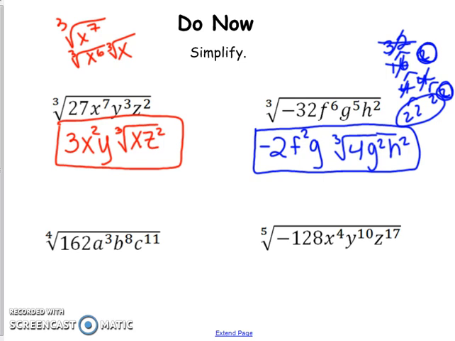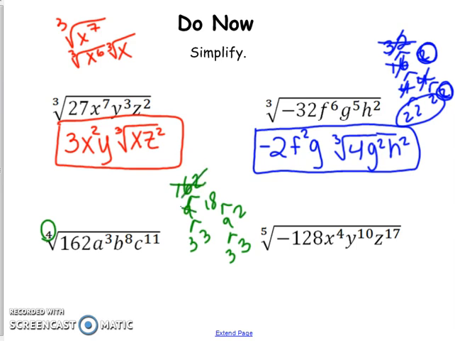Okay, so 162, we're going to do the same thing. So 162, I'm going to break down. So 9 and 18 work. 9 will be 3 and 3. 18 will be 9 and 2. And 9 will be 3 and 3. Because I'm looking for the 4th root, I'm looking for 4 of the same number.